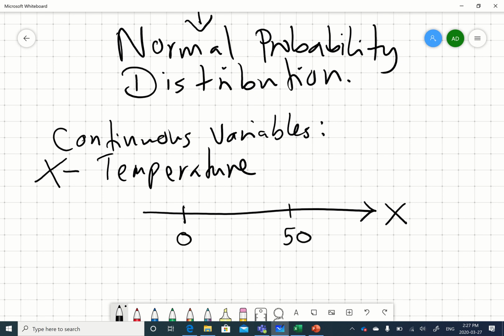It can be the atmospheric temperature, or the temperature inside a freezer, so it can be different scenarios. I'm just going to assume for this particular temperature it varies from 0 to 50. So each value between 0 and 50 is a possibility, right? Any value between 0 and 50 is a possible value of this variable.